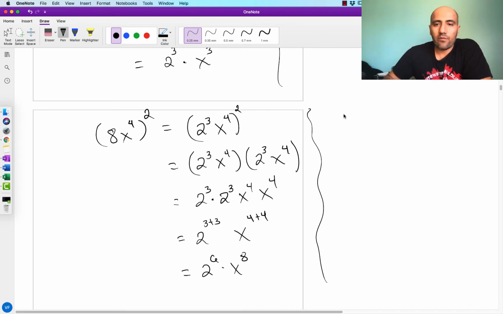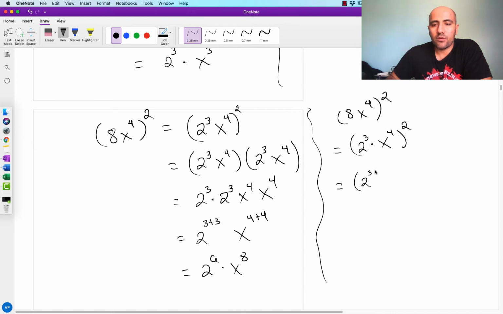So now let's come over here and do it using this little shortcut property. The first thing I'm going to do is just rewrite the 8 as 2 to the power of 3 times x to the power of 4, all of it being raised to the power of 2. There's this little distribution property that happens. This is going to be equal to raising this to the power of 2 and then raising this to the power of 2.